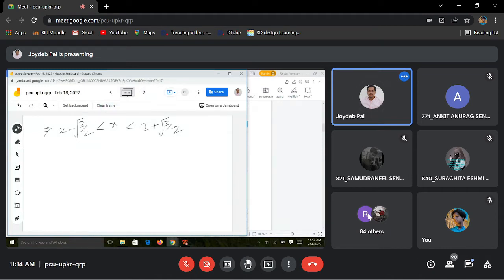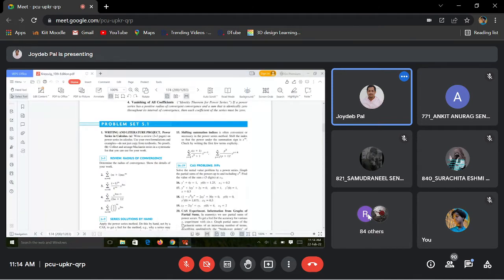Now, see problem number 4. It is an odd degree term series where the degree of each term is odd: x to the power 2m plus 1 divided by 2m plus 1 factorial.